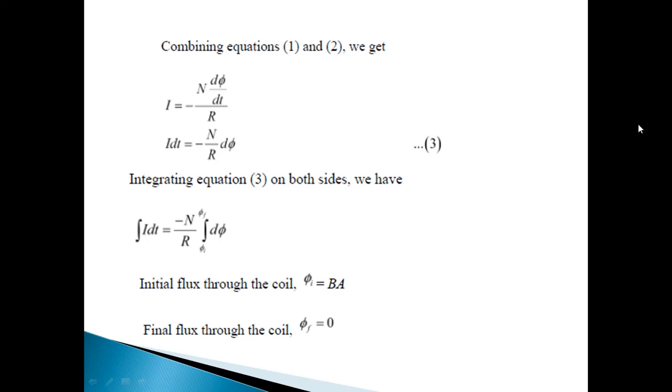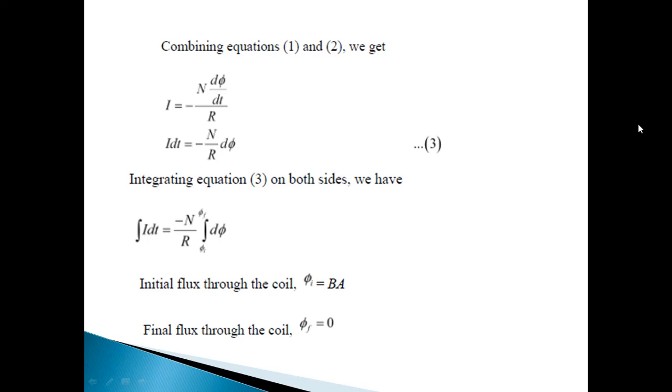So if you integrate this equation 3 on both sides, we get integral I dt equal to minus N by R integral d phi. Now d phi, the limits are the initial flux and the final flux.